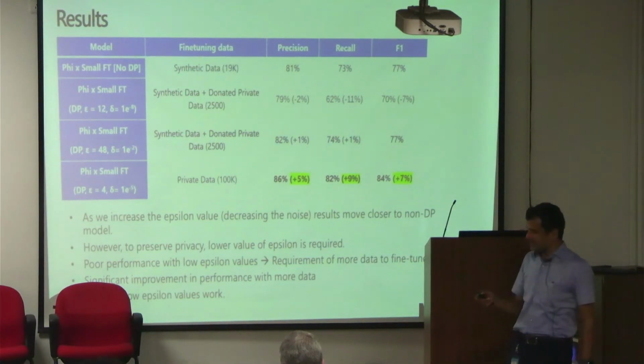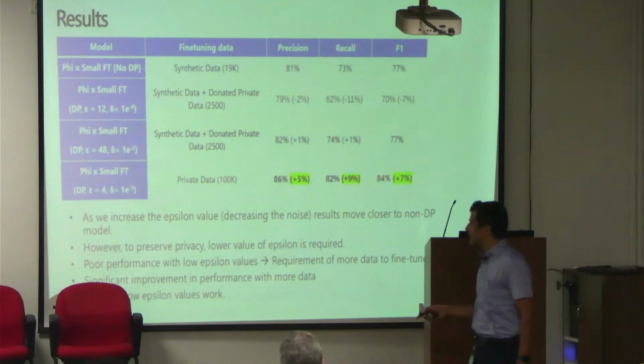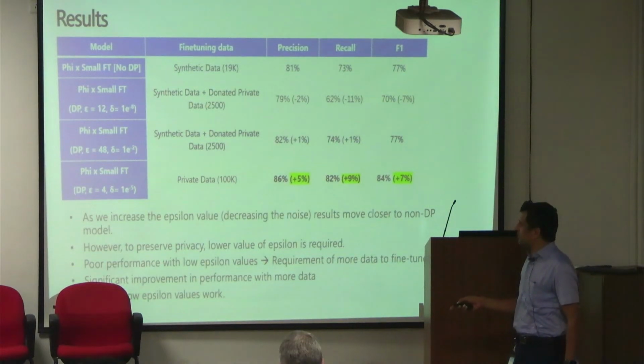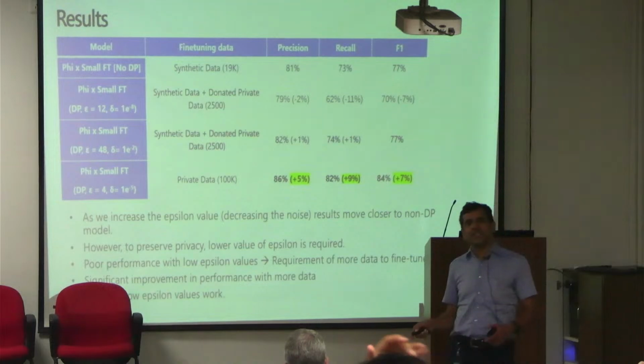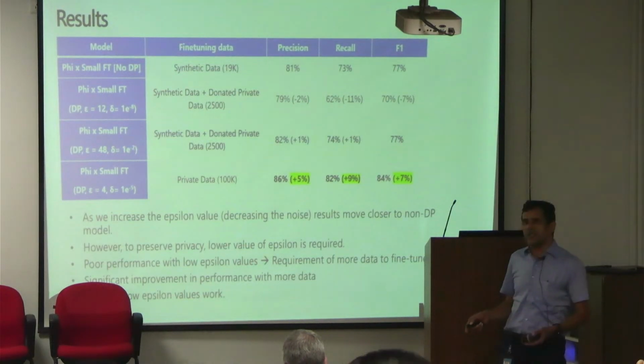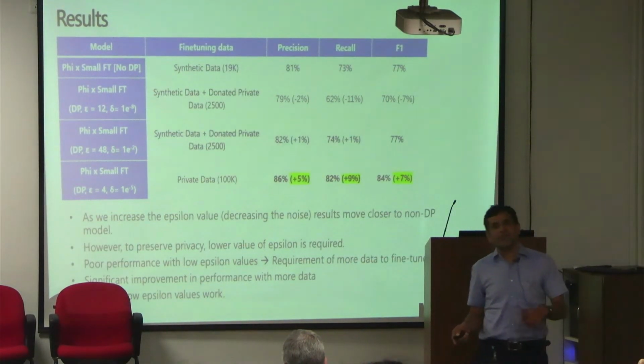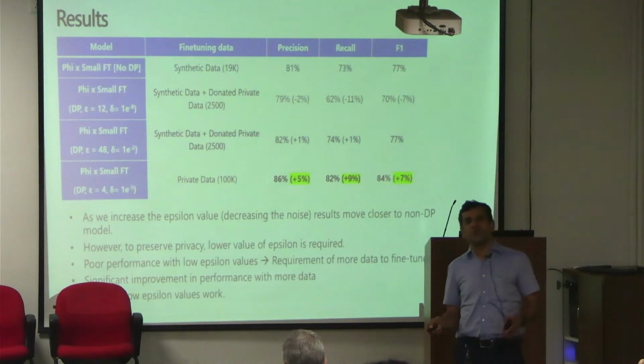You can see the epsilon values here: the lower the epsilon value, the better the privacy. Of course, everything comes with a cost. If you need a better model with higher privacy, then you need more data.